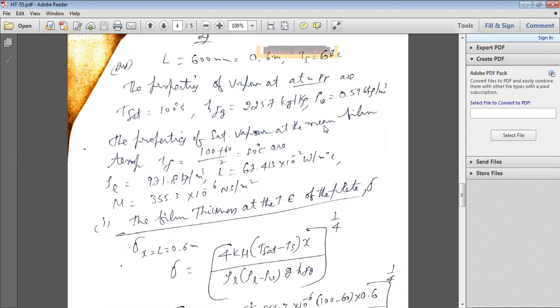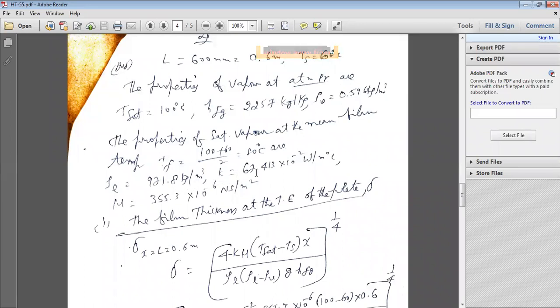The properties of the liquid are taken at the mean film temperature, T film. The mean value of 100 plus 60, where 100 degrees centigrade is the saturation temperature and 60 is the surface temperature, divided by 2, is 80 degrees centigrade. So density of the liquid is 971.8 kg per meter cube.